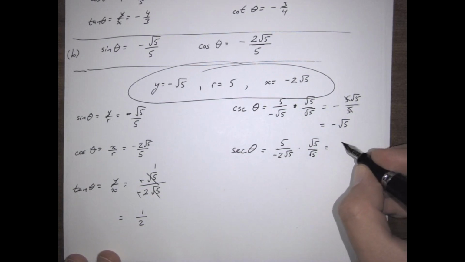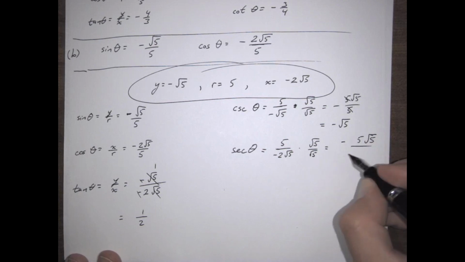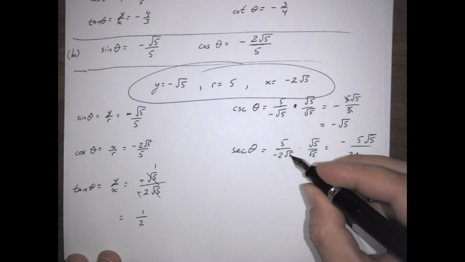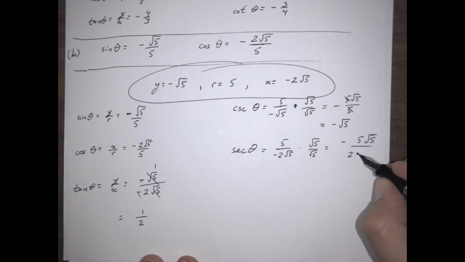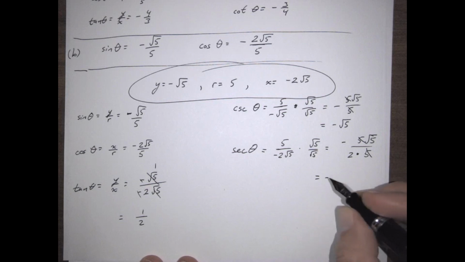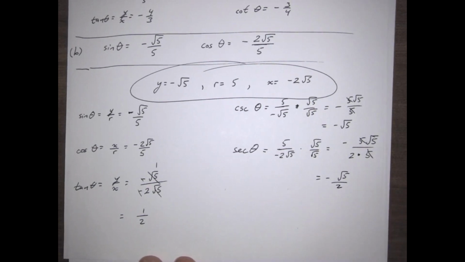So the negative is going to come out to the front, and we're going to have 5 root 5 all divided by 2 times 2 times root 5, which is root 25, which comes to 5, which cancels, and we're going to have negative root 5 over 2.